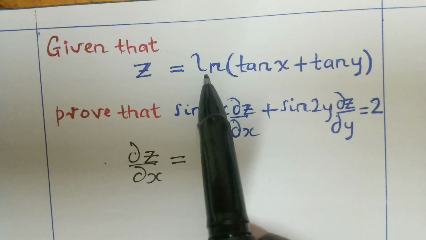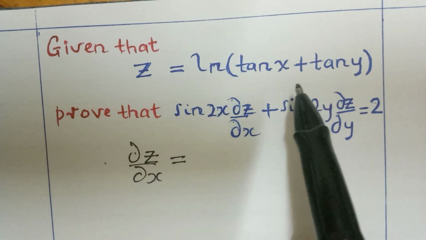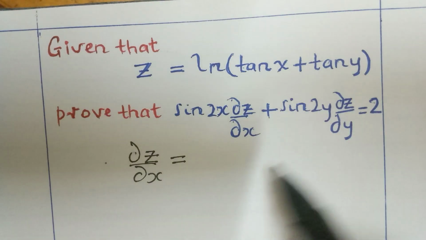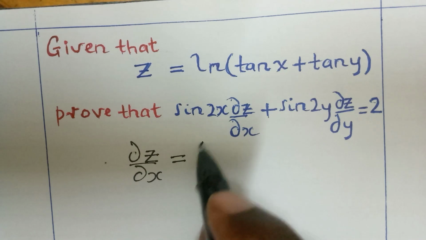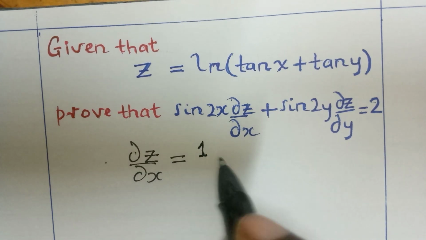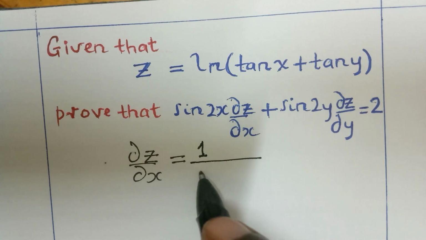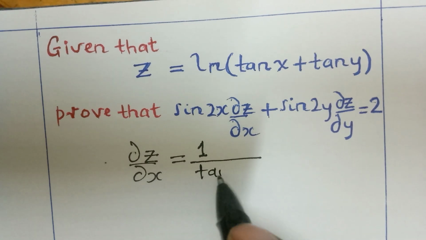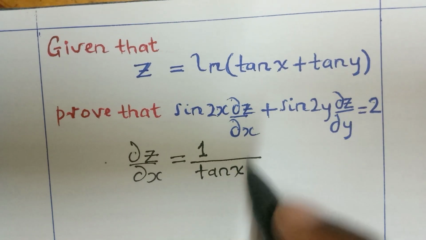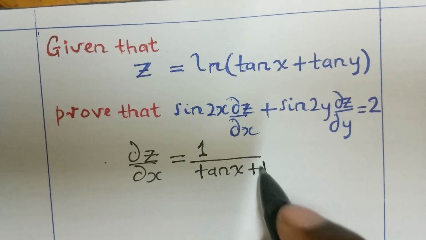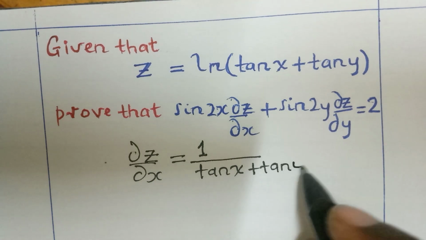We take it the way we say ln x, and when we do that we get 1 over x. But now our x is tan x plus tan y.